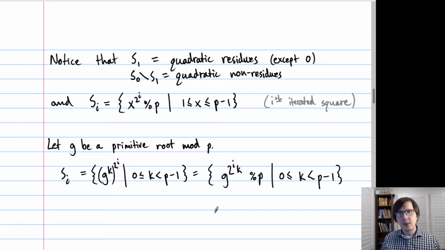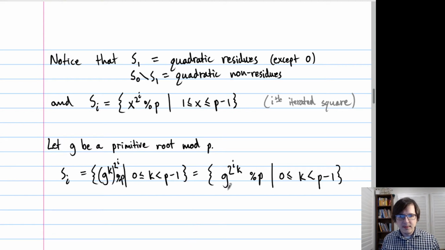Now here's a place that primitive roots will help us analyze what this set even is. Let g be a primitive root mod p, which we showed existed a couple weeks ago in live lecture. Si then is, because primitive roots enumerate all the non-zero numbers mod p by taking g to the 0, g to the 1, g to the 2, and so on, instead of ranging over all x in the range 1 through p minus 1, we can range over all exponents k from 0 up to but not including p minus 1 of g to the k, mod p.